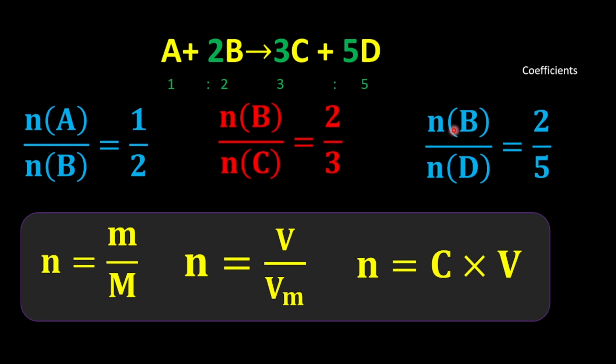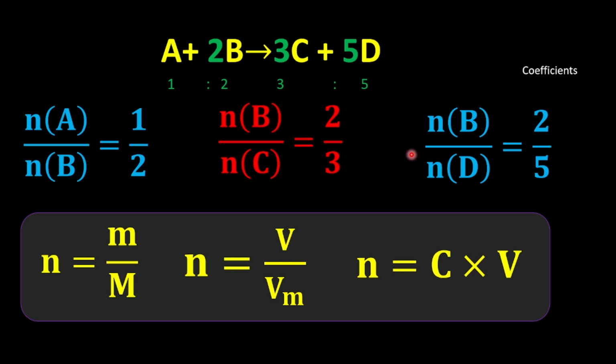Okay, let's move to this side. We want to combine any of the formulas here. So n of B over n of D is equal to 2 over 5. Now let's assume that the question is talking about molar volume, which is for this formula, or the question is talking about volume at STP.